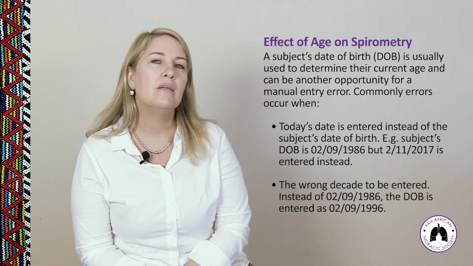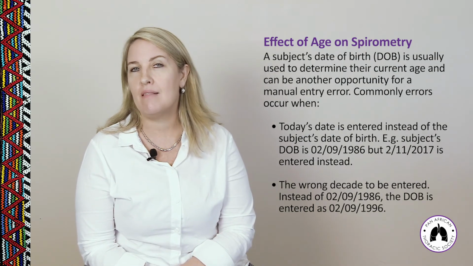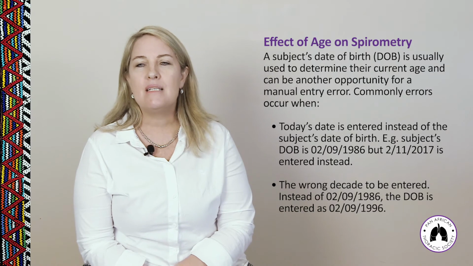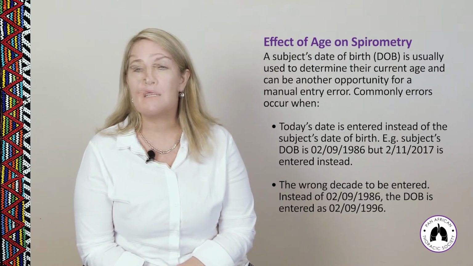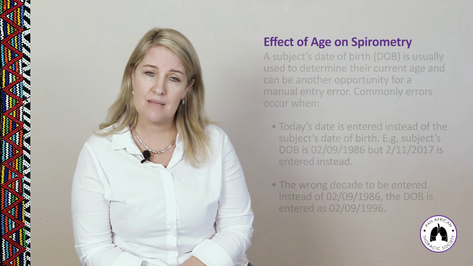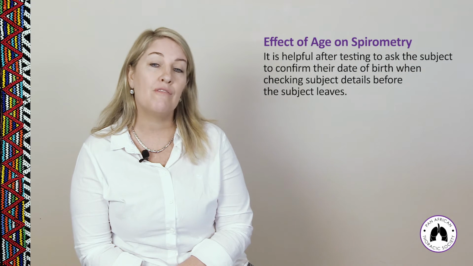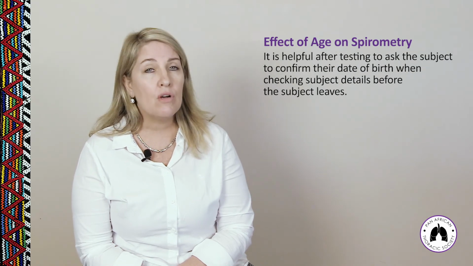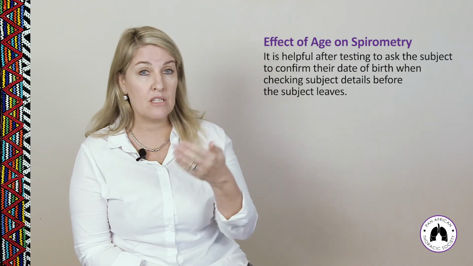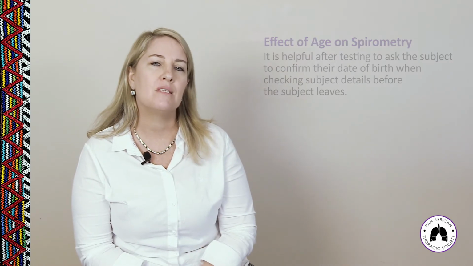So for example, instead of entering somebody's date of birth as the 2nd of the 9th, 1986, the technician may enter the 2nd of the 9th, 1996. So it's helpful after testing to ask the subject to confirm their date of birth when you are checking that the subject details are entered correctly on that test report before the patient actually leaves.